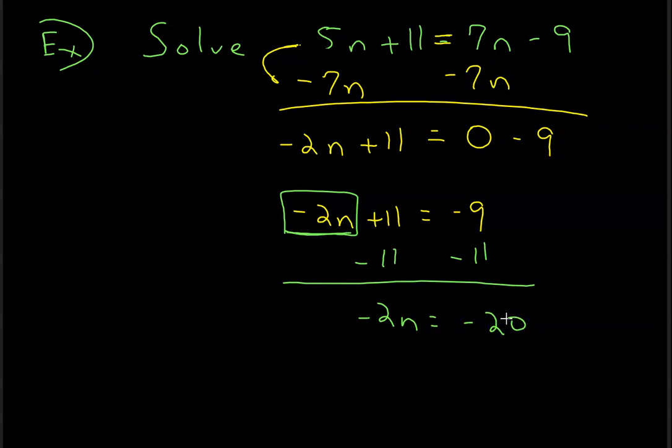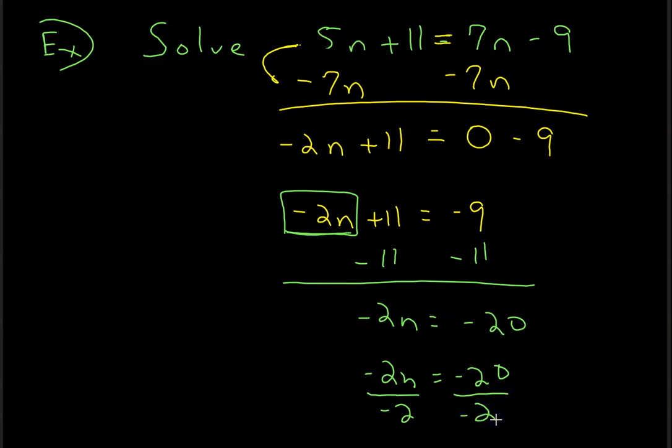So now the n is almost alone. The only thing is, though, it has a 2 in front of it as its coefficient, and I want it to go away. So I'm going to take this equation, negative 2n equals negative 20, and divide both sides by the coefficient, negative 2.